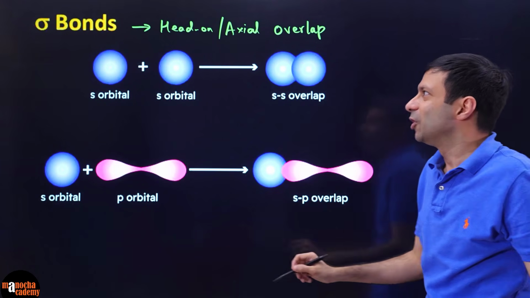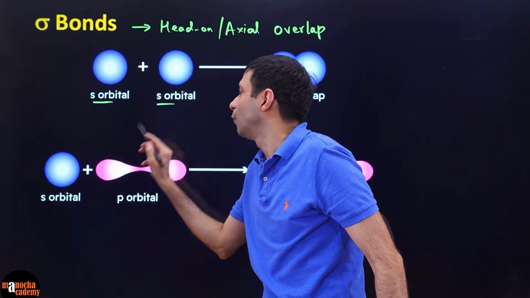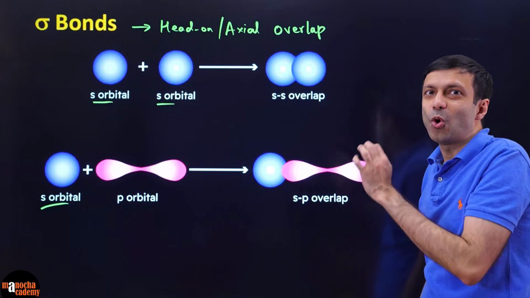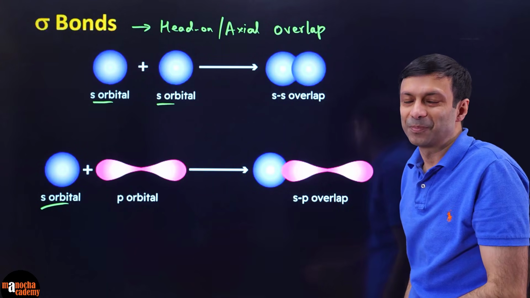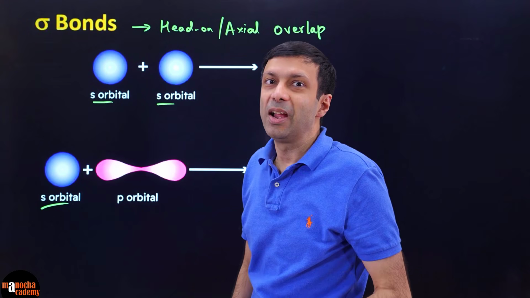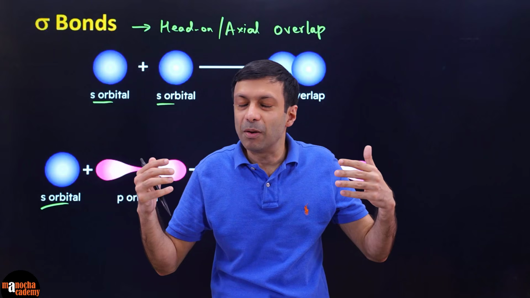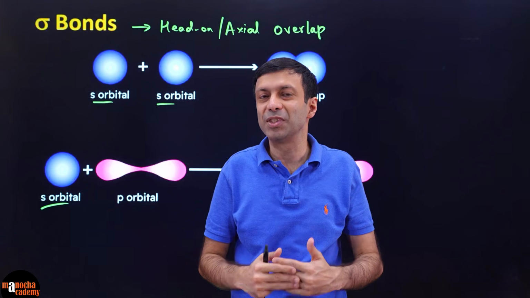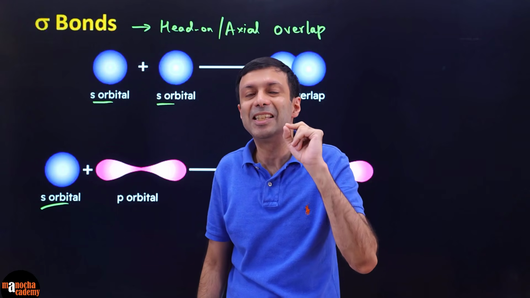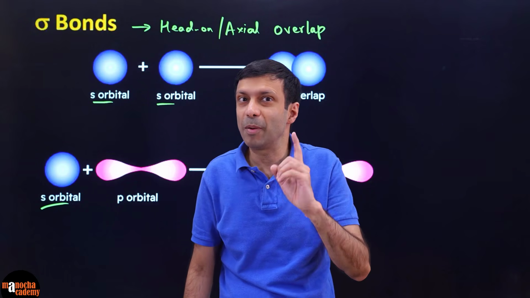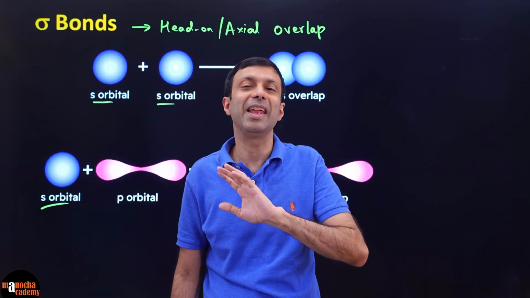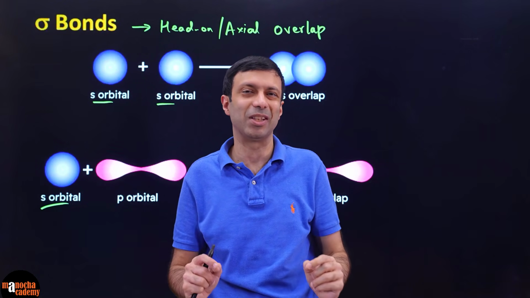So remember, whenever an s orbital is involved, whether it is with ss or sp, it forms only sigma bonds. Very, very important point. So please note it down. And as we will see, when bonds are being formed between atoms, the first bond to be formed is the sigma bond. So sigma bond is the first guy to be formed, and only one sigma. Remaining are pi bonds. Please note this down.